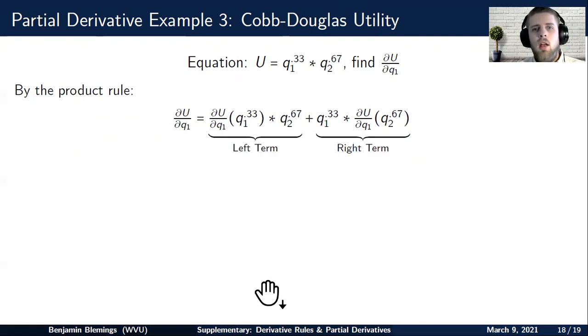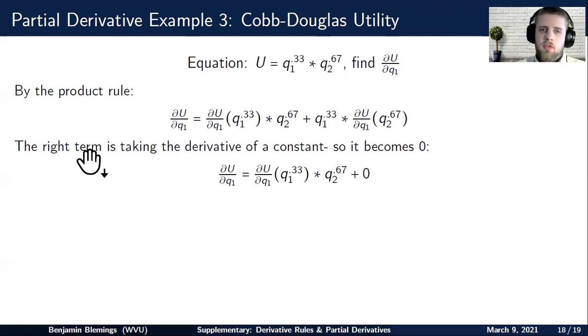Let's again break this down into a familiar left term and right term, and do the right term first. In the right term, we're taking the derivative of a constant because we're not differentiating by q2. So the derivative of q2 is 0, and q1 to the 0.33 times 0 is just going to be 0. So the right term becomes 0.